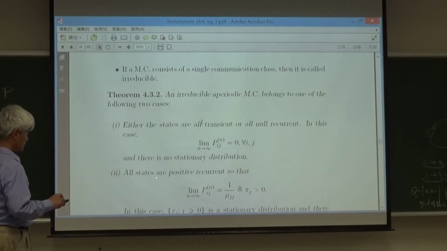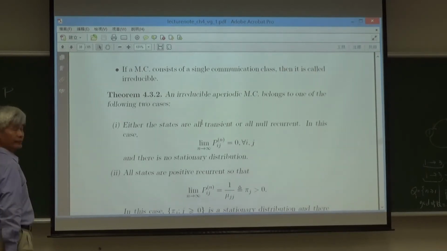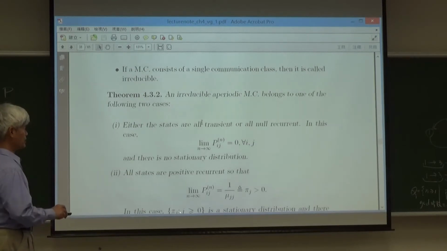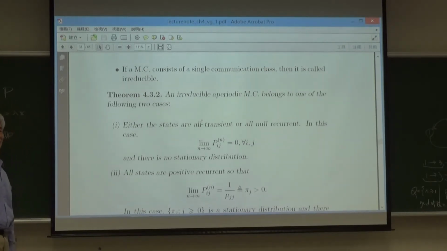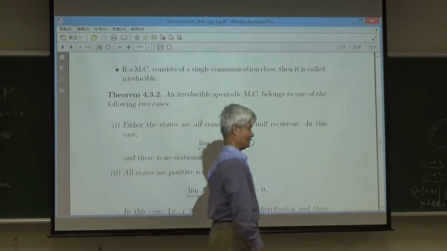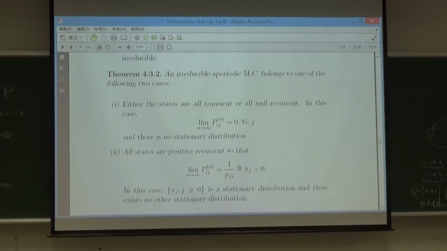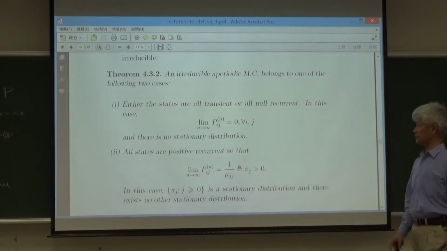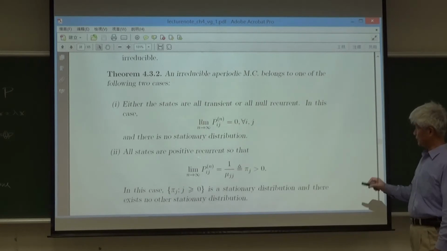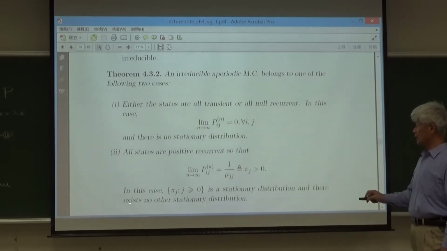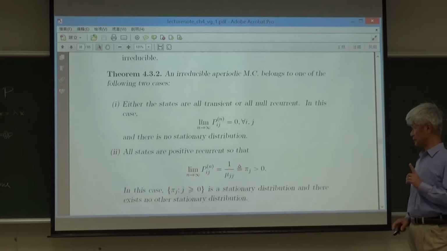So the limiting value of the n-step transition probability from state i to state j is constant, and this π_j is positive. In this case, π_j is a stationary distribution. So we prove the existence of a stationary distribution, and we know how to compute it. There is no other stationary distribution, so the stationary distribution is unique here.